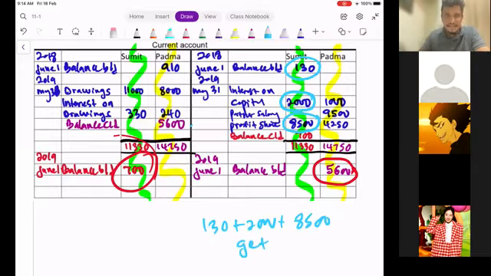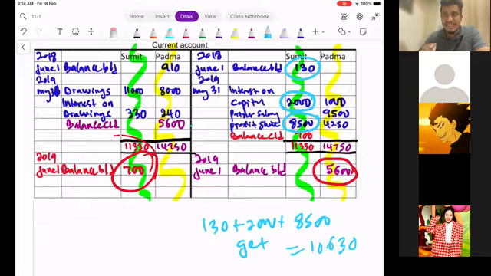So how much total money can he take? How much total money does he get from the business this year? 10,630. I don't know who taught you maths.